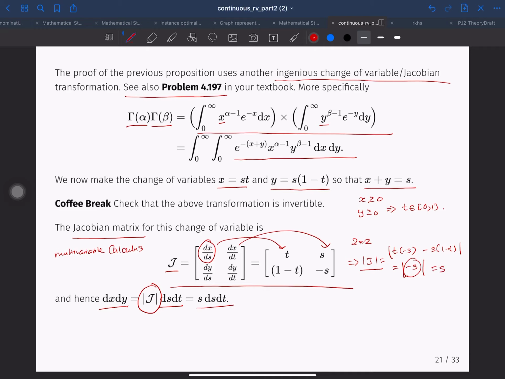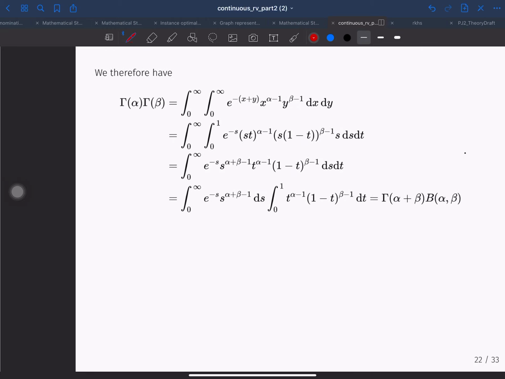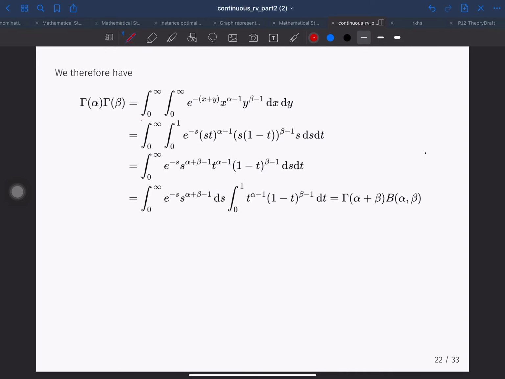So now with this change of variable as mentioned, the integral which we have expanded out to be this form, and now this is our x, this is our y. So you will have s^(alpha-1), s^(beta-1), and then another s, so that's s^(alpha+beta-1), or alpha minus 1 plus beta minus 1 plus 1.